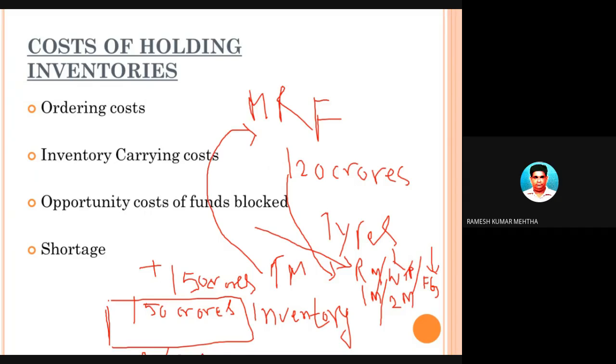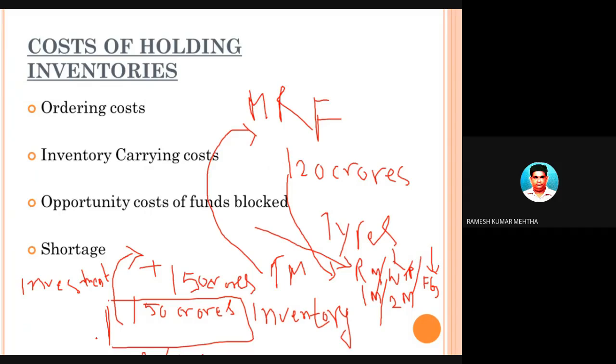Now, everybody will think that if I would have invested this 150 crores in some other investment avenue, like real estate, the stock market, or mutual funds, they could have got something more in place of this.